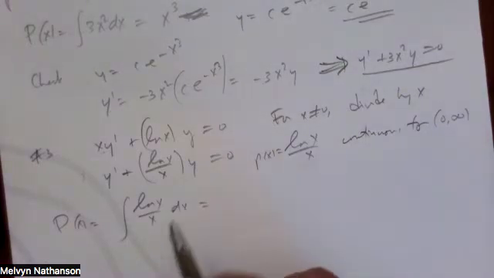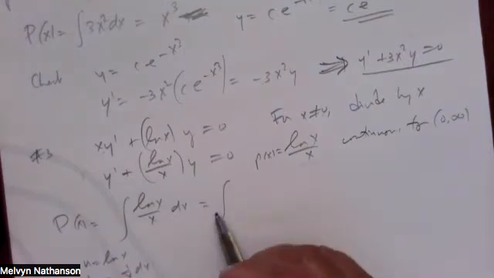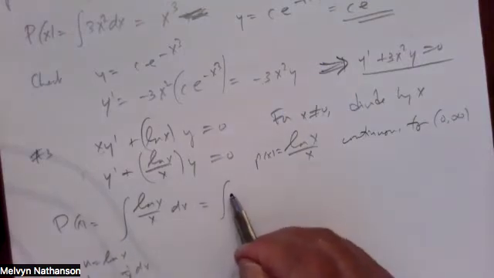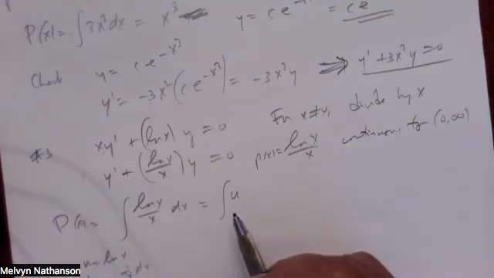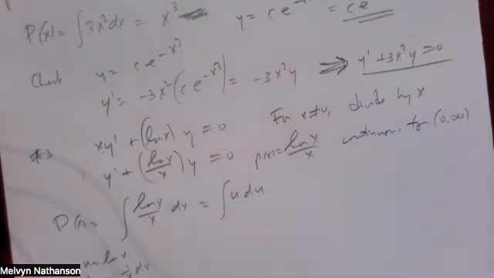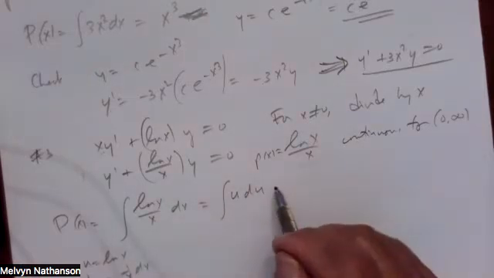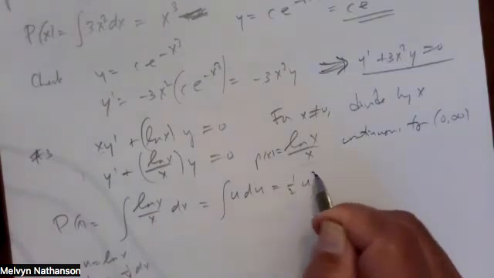Let's see. If you make the substitution u equals log x, so du is 1 over x dx, this becomes the integral of u du, which is a half u squared.